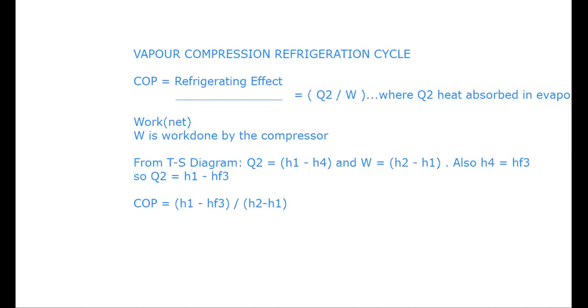sometimes it may be on the dry saturated line. That means point number 2 will be on the dry saturated curve, on the right side curve. At that time the formula for H2 will be different, because you have to calculate the enthalpies.